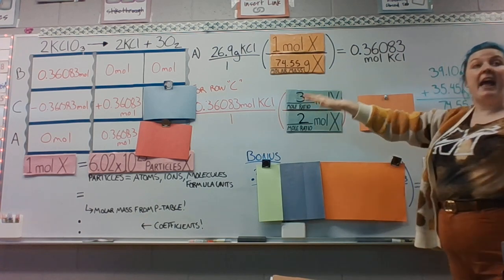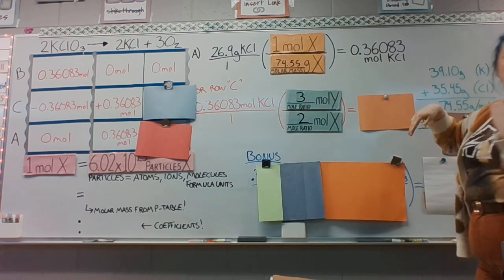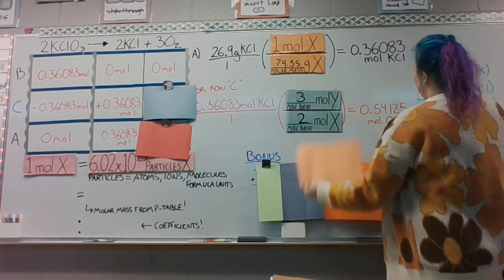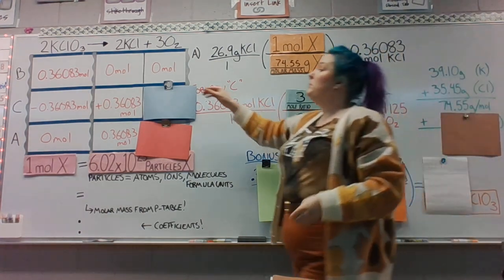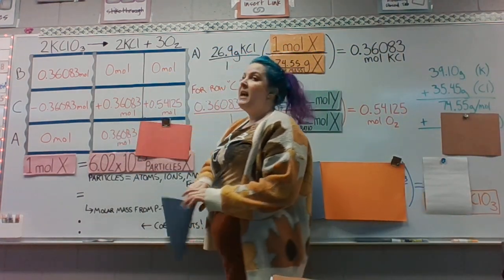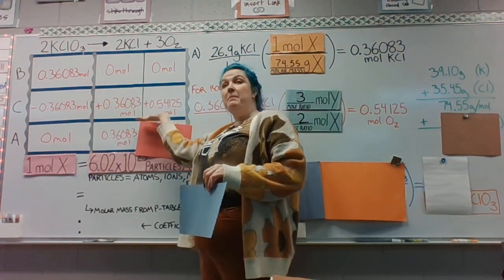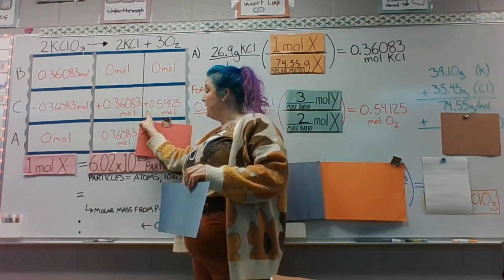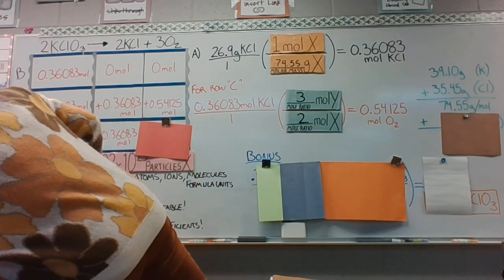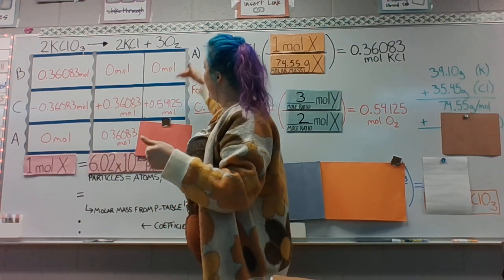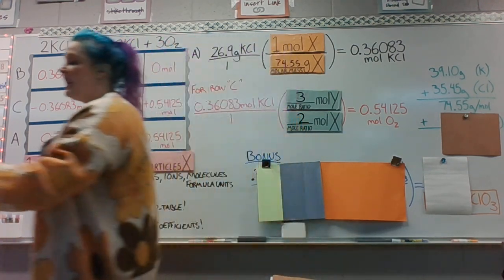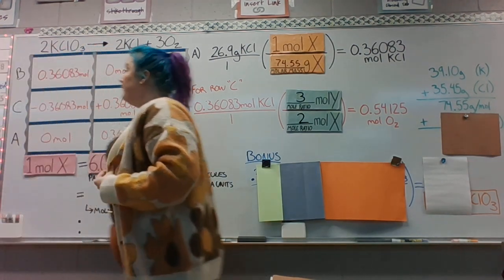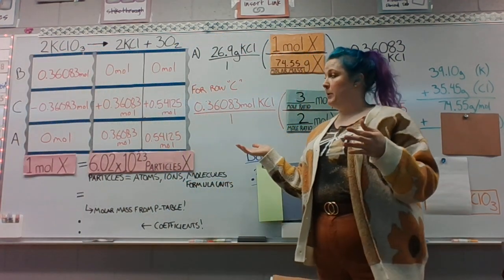Multiply across the top and across the bottom, divide the top and bottom to simplify the fraction, and we end up with 0.54125 moles of oxygen. This is what we can put into the table for oxygen, and because it's a product, we are actively making it, so we put a plus sign in front. And then, of course, to get row A, we combine rows B and C, simple addition, and end up with the same amount that we created. That is our BCA table.